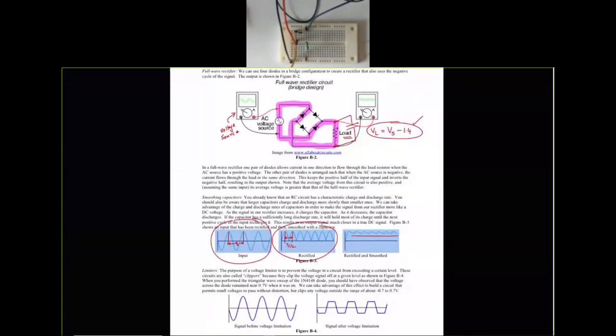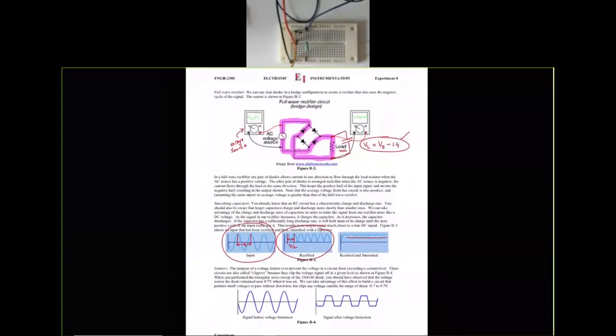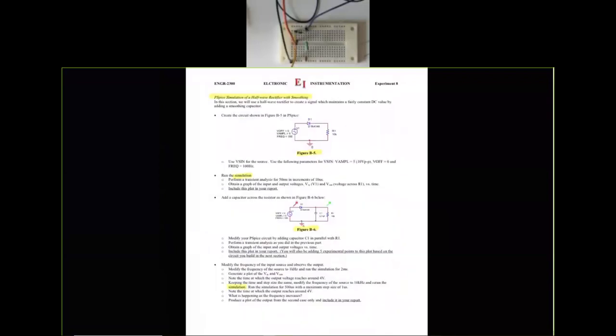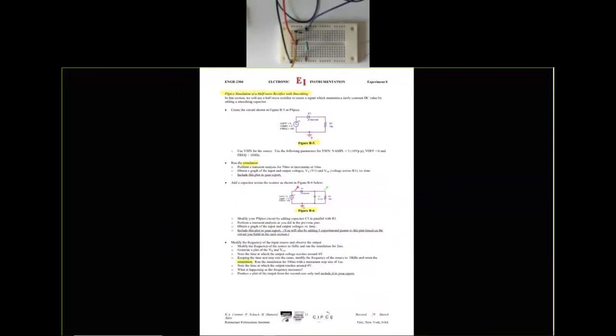But we talked about how it works and how it is better than the half wave rectifier, even though it requires three more diodes. It will perform really well. So let's keep going here. On page 11, all the items that are listed are Capture PSpice related. So you guys are going to work on that.